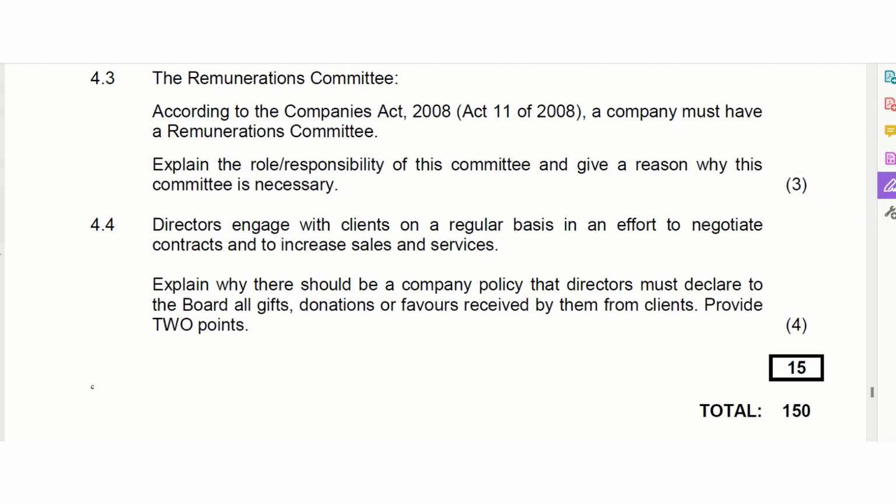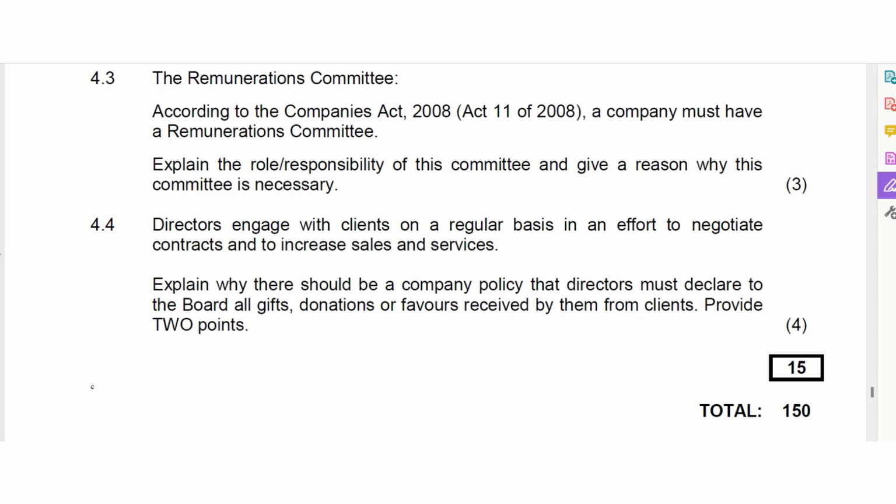By having this policy in place, it ensures that directors know what to do when they face a conflict of interest. Remember, if it involves family and friends, then it could even be nepotism. To protect the image of the company, it's important to have this declaration done. So those are relevant points that you can raise in order to get your 4 marks.